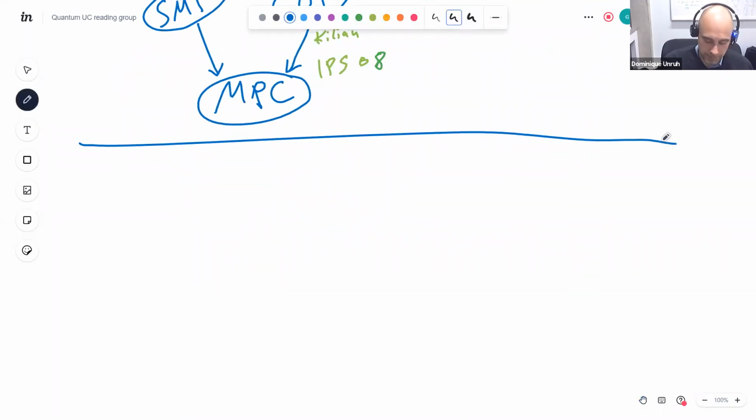So the first step in this picture is how to get from OT to multi-party computation.